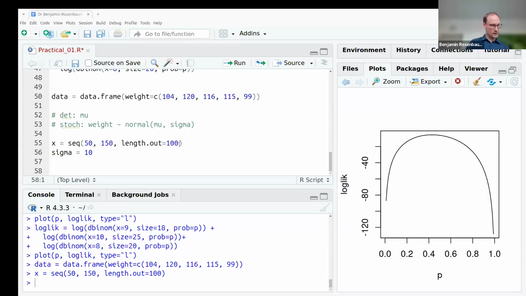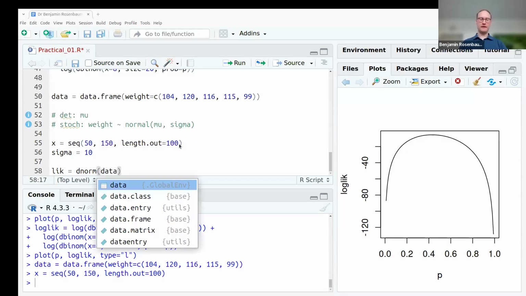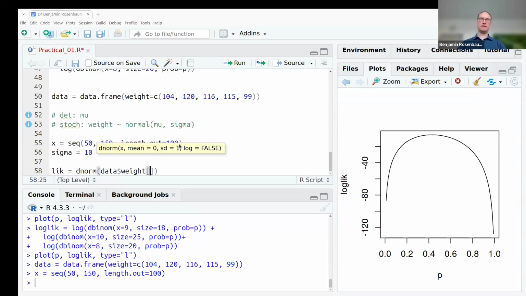And now we can write down the likelihood function. So the likelihood function is, let's say for the first data point only, the norm of the first data point. In this case, it's data weight, and this is the first data point.